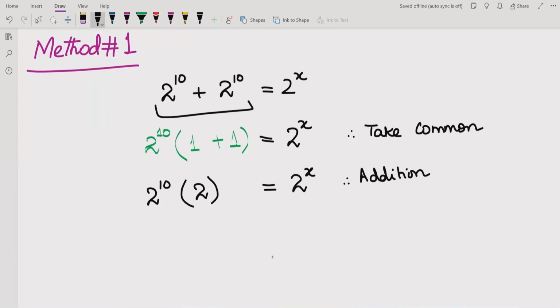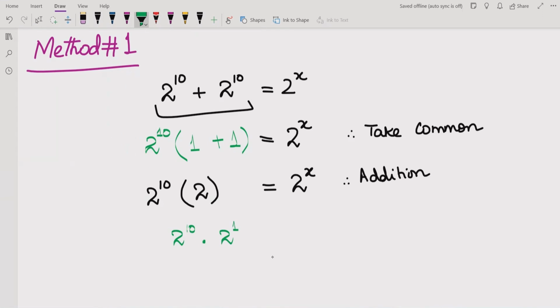Now these two numbers are multiplying, so you can write it this way: 2 raised to power 10 multiplied by 2 raised to power 1. Because we do not have any power shown here, it means the power is 1.